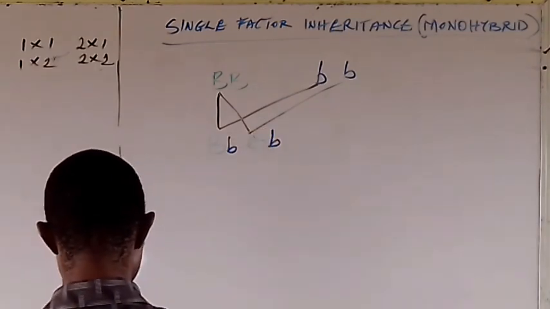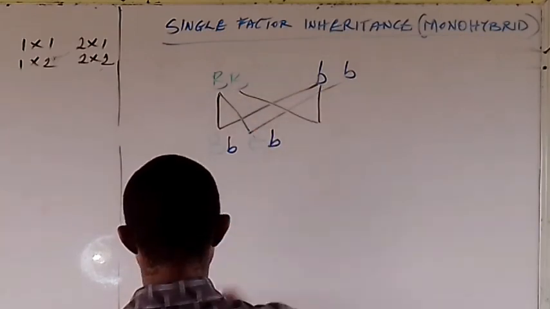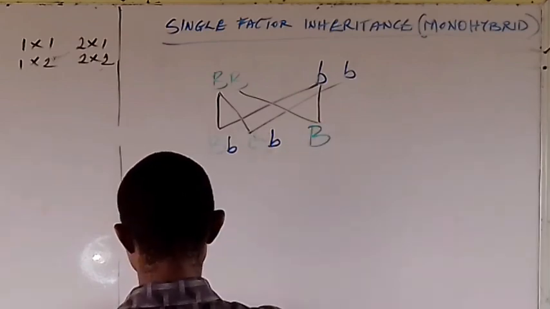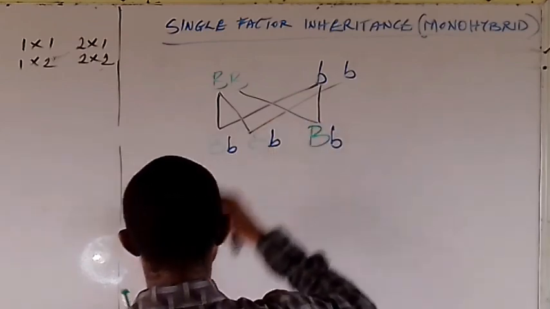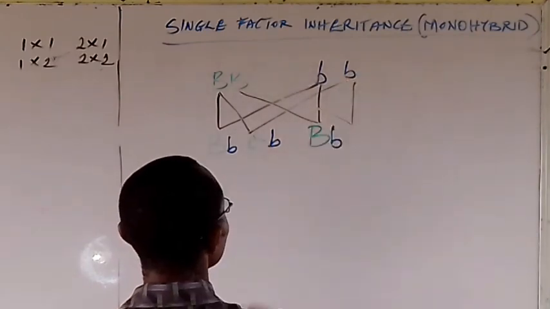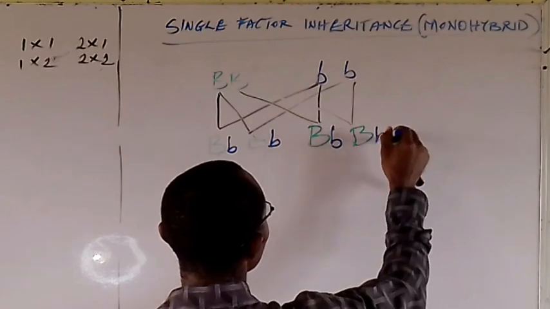We also have another one like this, where we'll be having capital B and then small b. And lastly, we have this one. It's going to look like this, capital B and small b.